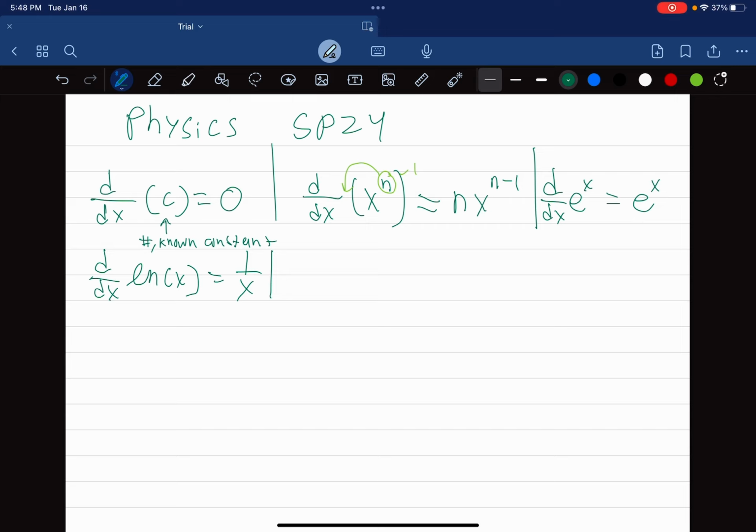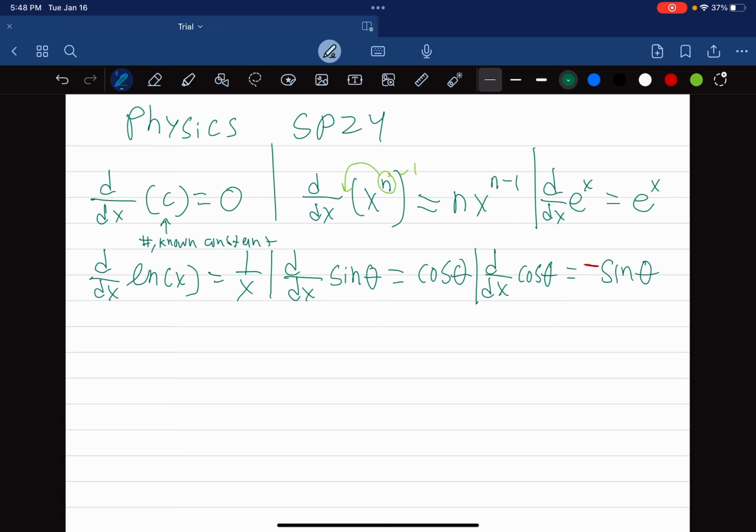Then you can have things like the sine and cosine. So the derivative of sine theta is going to equal cosine theta. And then from there, the derivative of cosine theta is going to equal negative sine theta.